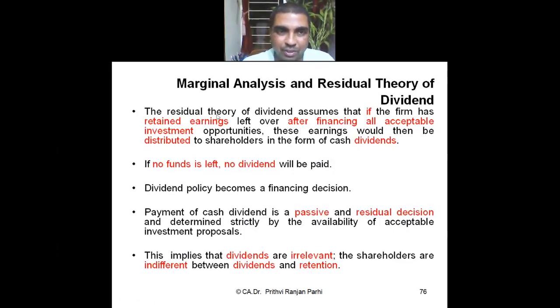If the firm has retained earnings left after financing all acceptable investment opportunities, then till that time we should not pay any dividend. But once that is over, and still there is some retained earning left out, then as a residual decision, we have to pay dividend. So if no fund is left, no dividend.